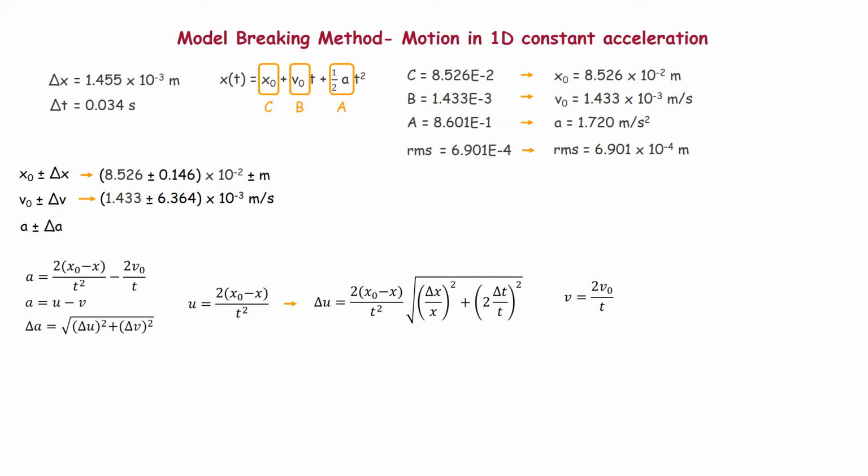So, what about x minus x0? X minus x0 is just the distance from the starting position of the card in the video to the last frame. X0 is going to be 8.526 times 10 to the minus 2 meters.